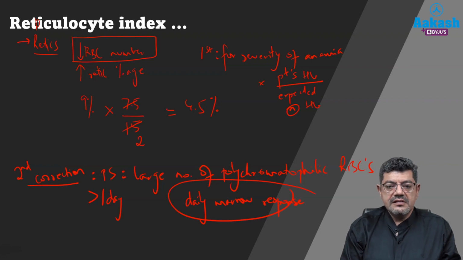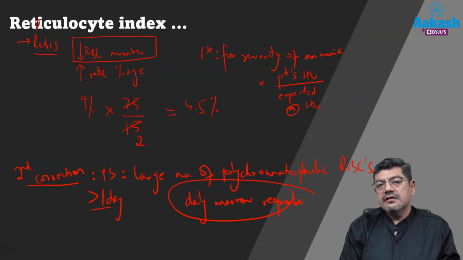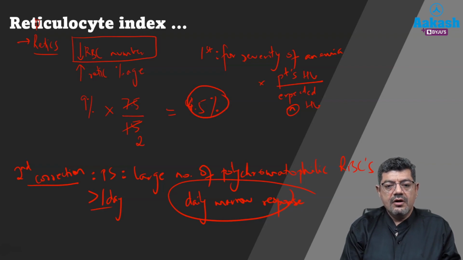So if this is the case, you have to correct this calculation here, the corrected retic count, for the longer duration of persistence of these reticulocytes in the peripheral circulation. So typically what you would do is divide this corrected reticulocyte number by 2.